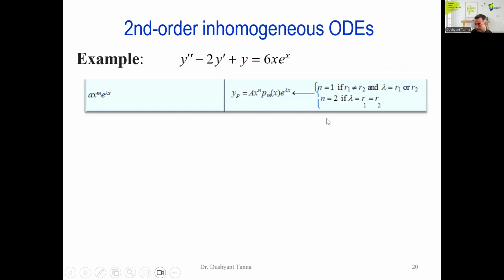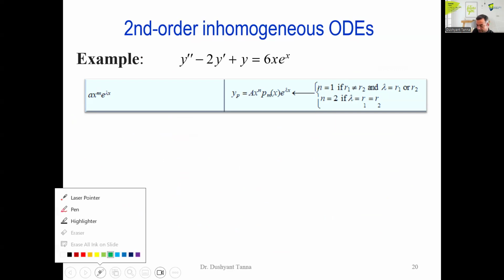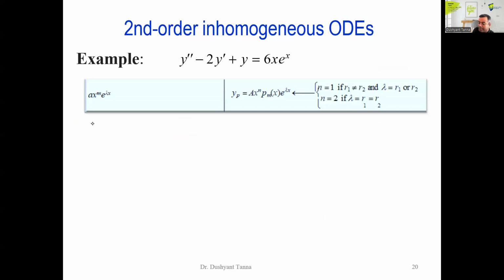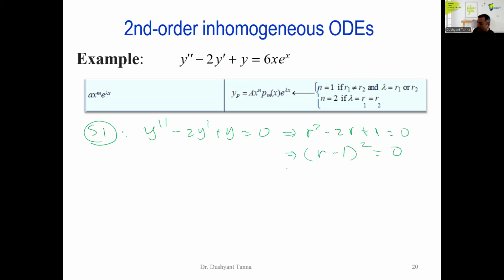Okay, right. Let's go to this example and make it more clear. So follow the first step, first things first, as we know, step one, and then we'll talk about y_p when it comes. So y double dash minus 2y dash plus y is 0 has the corresponding equation r square minus 2r plus 1 is 0, r minus 1 whole square is 0, and that gives you r equals 1.